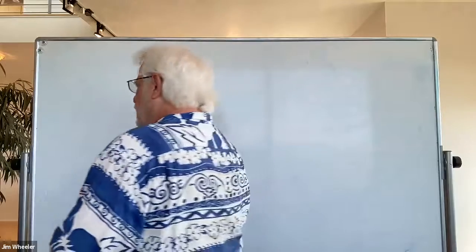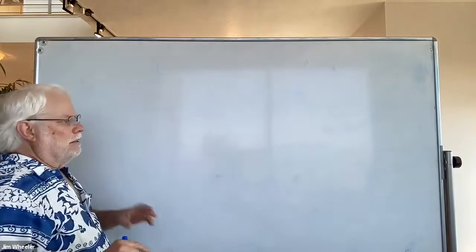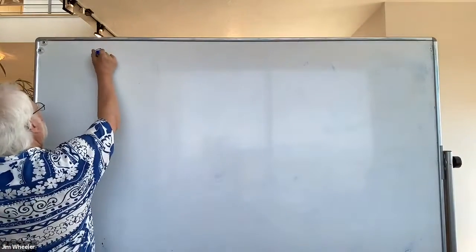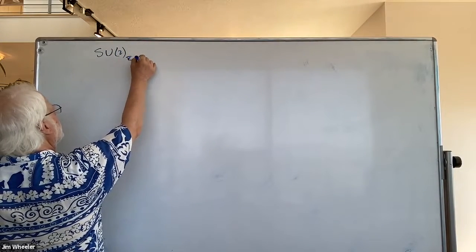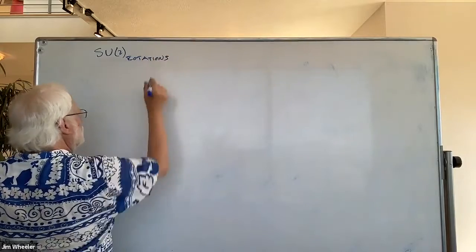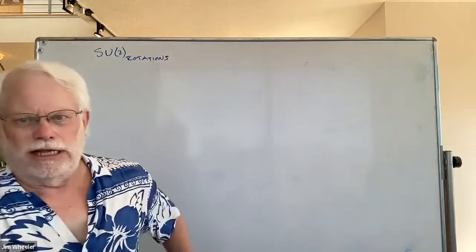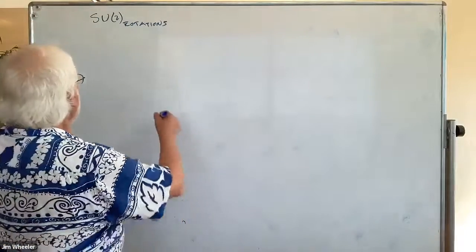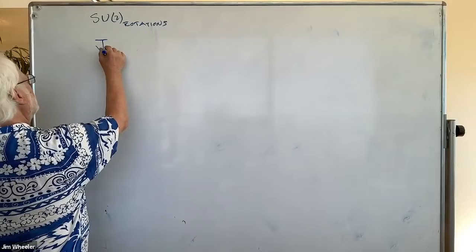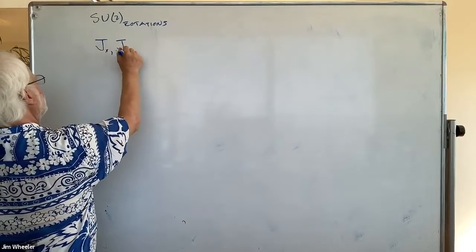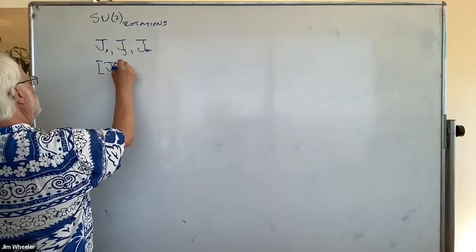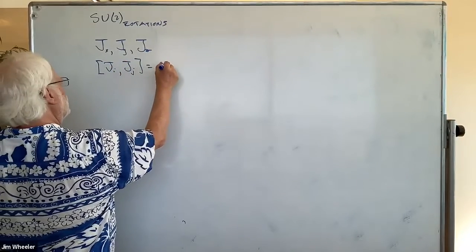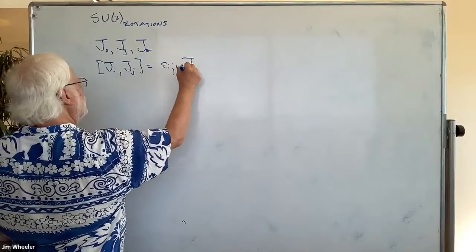Okay, so first we have the Lie algebra of SU(2) rotations. So now we're back to talking about spin and all that, because it's just the simplest example. And we know that we have J_x, J_y, J_z operators satisfying [J_i, J_j] = ε_ijk J_k.